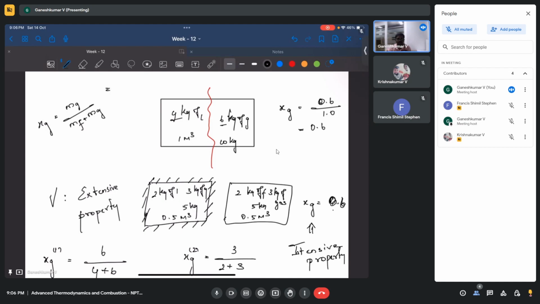In some other processes, properties keep on varying, right? Even, let's say, in any cycle, you draw a PT curve, the properties P and T vary throughout the cycle. So you shouldn't compare that. You should just compare whether the pressure at that point depends on the system size.